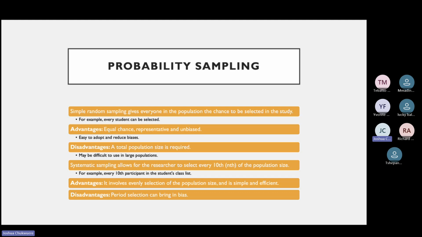And it also has an advantage. The advantage is equal chance. It is representative, and it's unbiased. You are not skewed in making your selection.